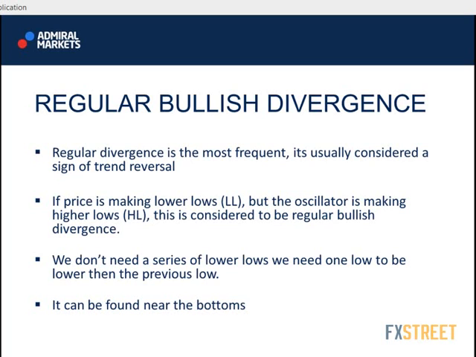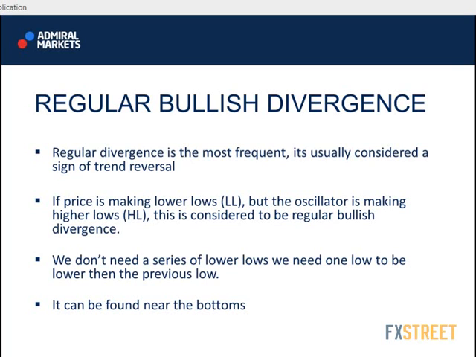If price is making lower lows, but the oscillator is making higher lows, this is considered to be regular bullish divergence. Now, we don't need a series of lower lows. We only need one low to be lower than the previous low. It can be found near the bottoms.